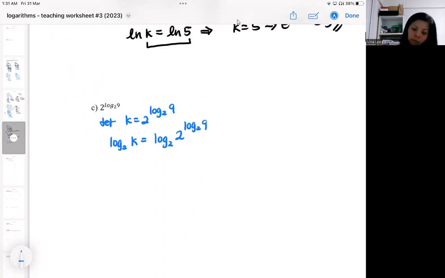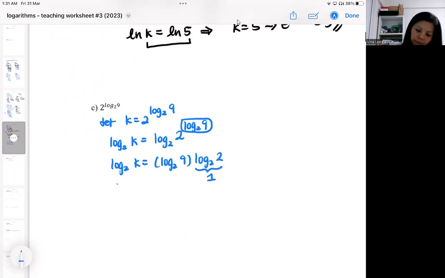So I'm going to introduce log base 2 on both sides, and the whole power can be brought down. After I bring down the whole power, this has a value of 1. So I can do my same comparison, and when I do the comparison, my K is equal to 9.